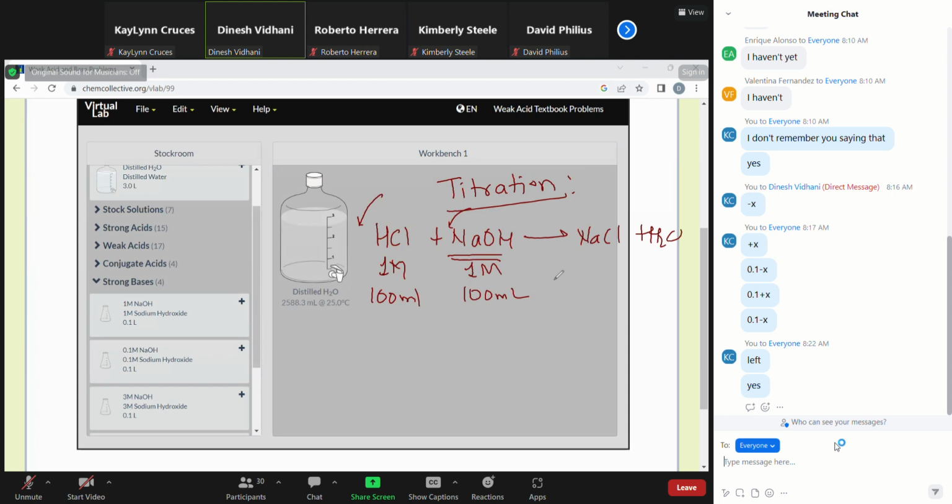Now suppose you are given X moles, this time I'm giving you moles. If you are given X moles of HCl, and when you react it with NaOH, it takes, suppose, 0.19 moles of NaOH, can you tell me what this number is?